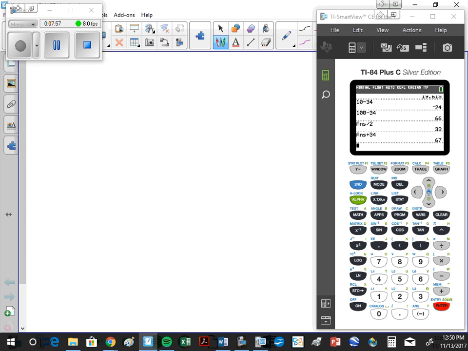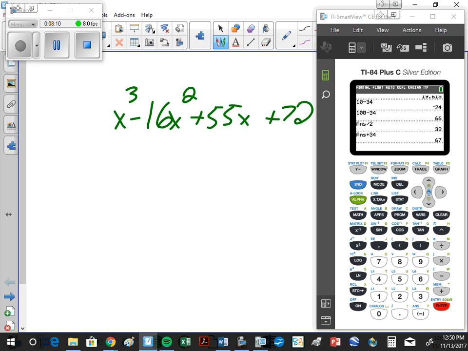What if I had this? X to the third minus 16x squared plus 55x plus 72. Will factor by grouping work in this case? So I could pull out an x squared from here. Can I pull out anything there?